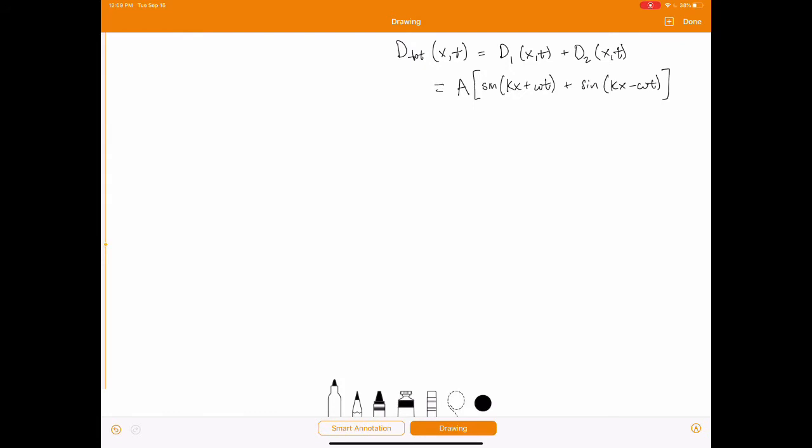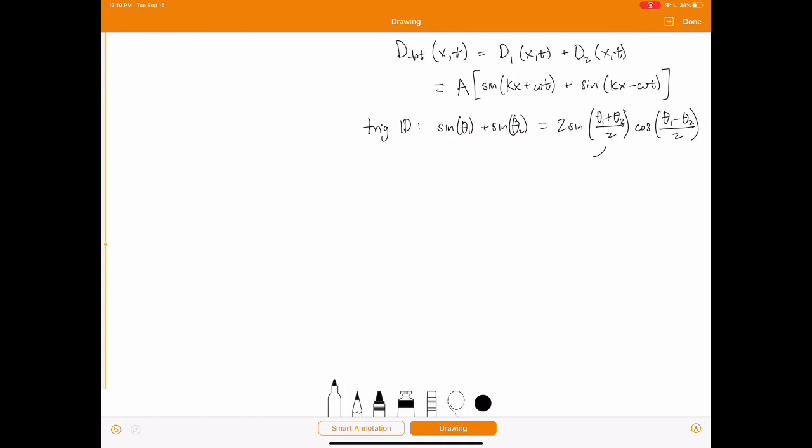So for this, I want to bring in a trig identity. You may have seen this before. Sine of, let's call it theta 1, that's just some angle, plus sine of theta 2 is equivalent to 2 times sine of (theta 1 plus theta 2) over 2 times cosine of (theta 1 minus theta 2) over 2.